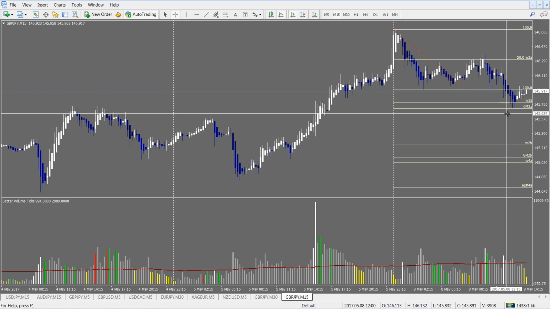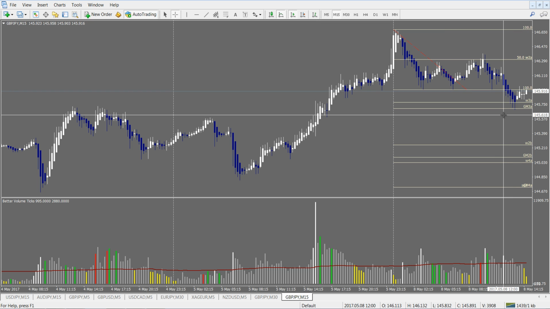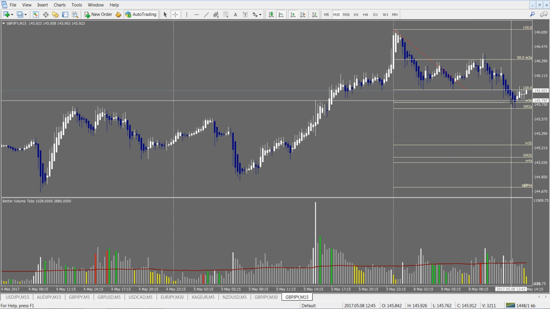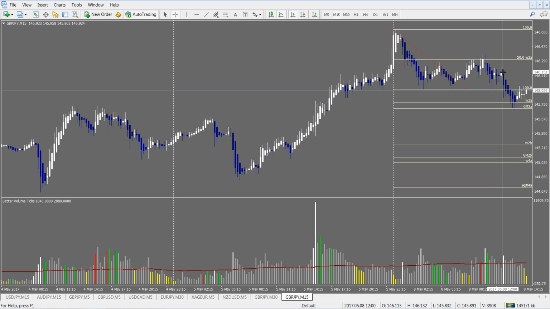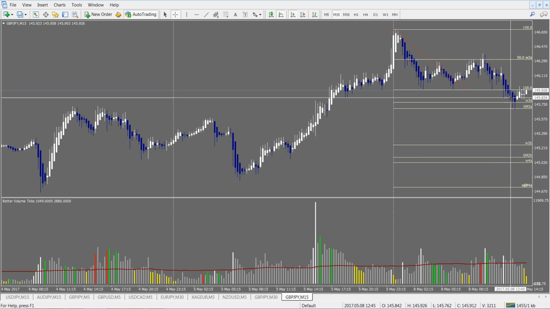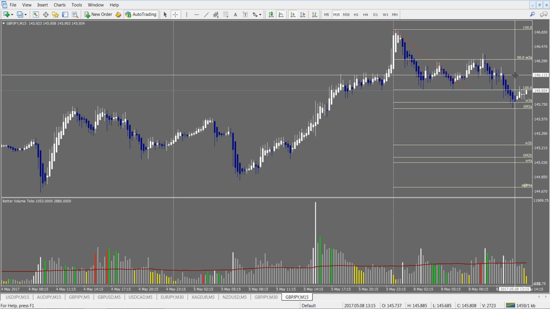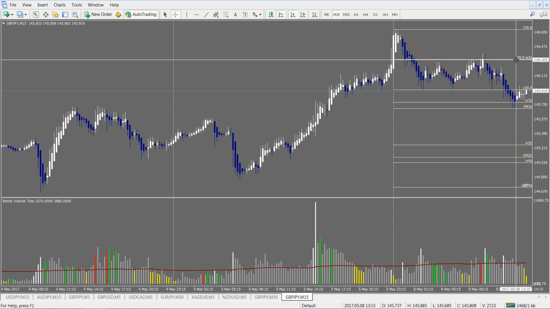Like, this is not aggressive enough for me to think this is going long yet, and I'm more in thinking that it's going short. Just from the feel of this little leg here, and I want to be looking for a trade around here, even at the 50. So that's all I can really say for now.